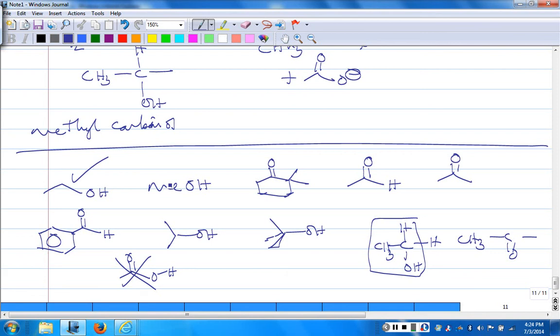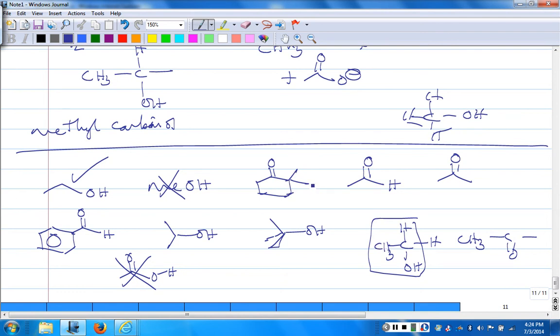What about methanol? Well, methanol is CH3OH. That doesn't have the substructure. So methanol does not give me a positive haloform reaction. What about this ketone, the one we made earlier? Well, it's certainly got a carbonyl, and it certainly has methyl groups on it, right? But look what the methyl groups are.